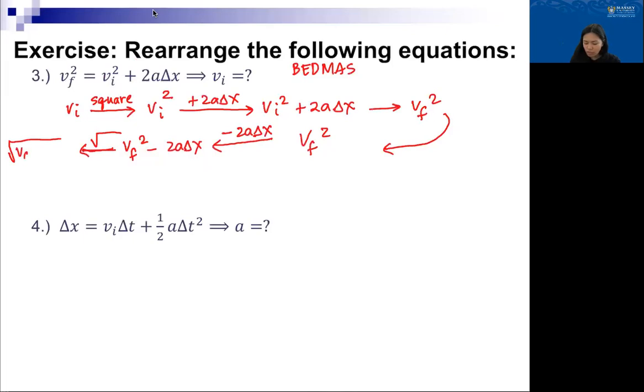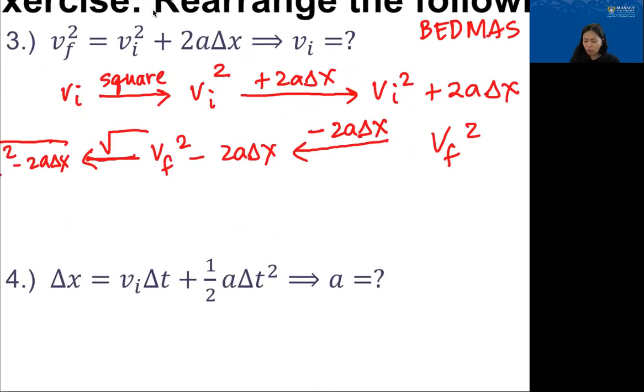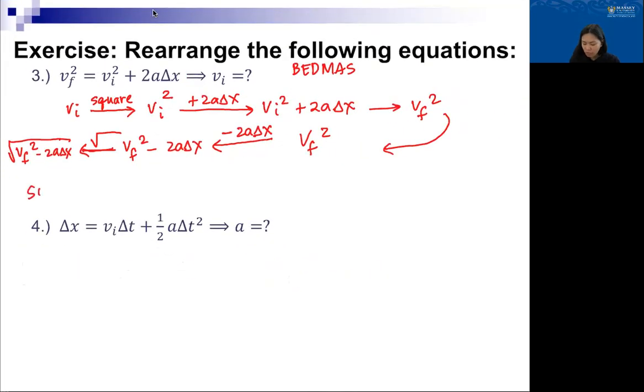And then once you get the square root, you're now back to VI, because you've undone all the operations that you need. So therefore, VI is equal to square root of VF squared minus 2A delta x. Right?